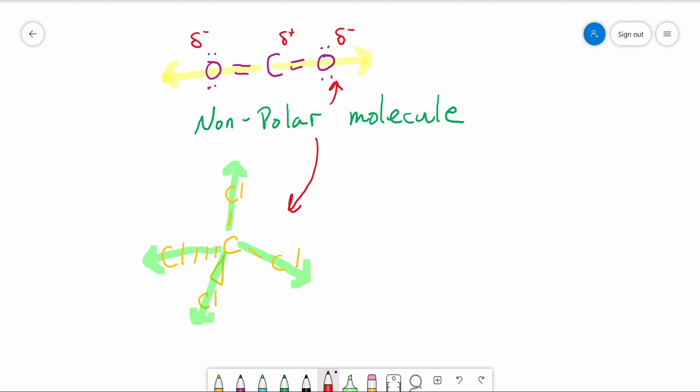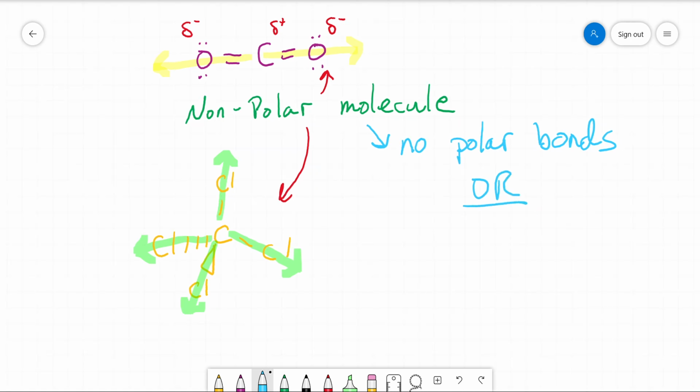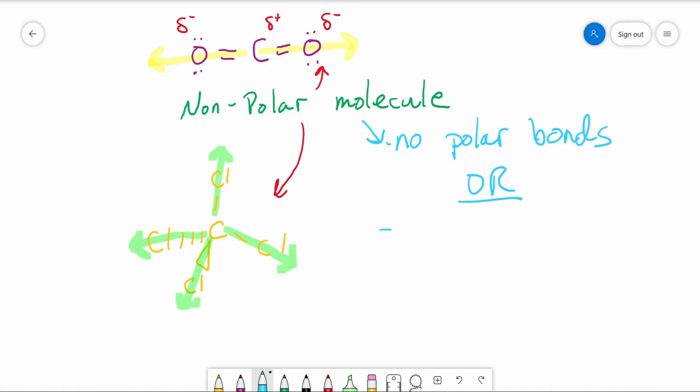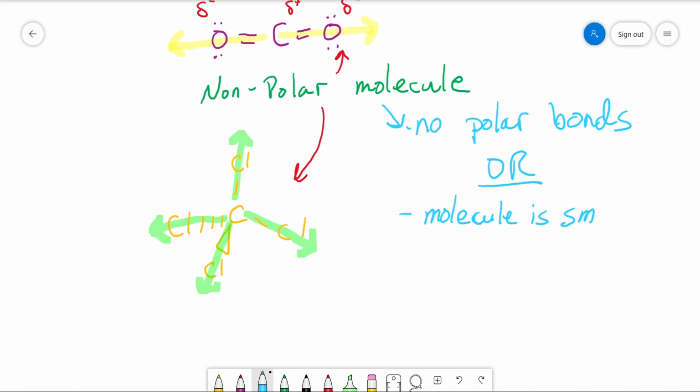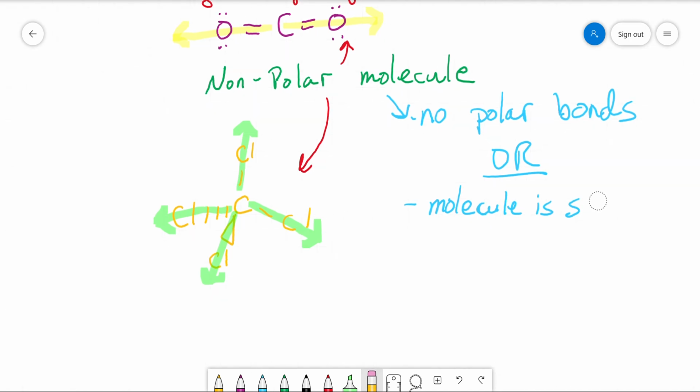Okay, so to sum up non-polar molecules: if there are no polar bonds, or the molecule is symmetrical.